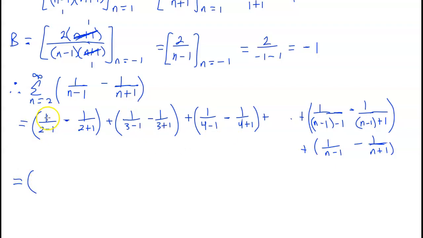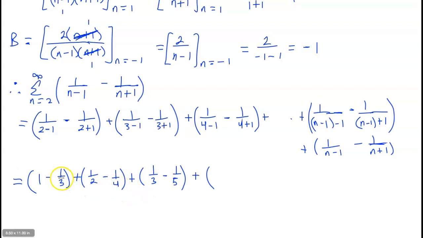So this first term is 1 minus 1/3, plus we'll have 1/2 minus 1/4, plus 1/3 minus 1/5, plus. And so now you can sort of see the pattern here.